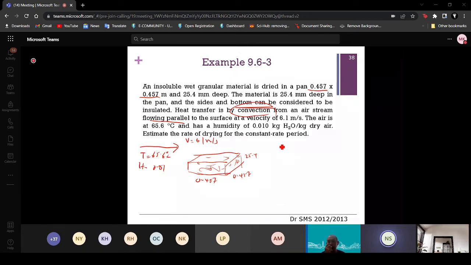Okay, rate of drying, constant rate, you can use the equation RC equal to h(T minus T wet bulb) divided by latent heat. If we want to find the time, time equal to LS over A, so you will have h(T minus TW), latent heat, X1 minus X2. X2 of course, maximum is XC.